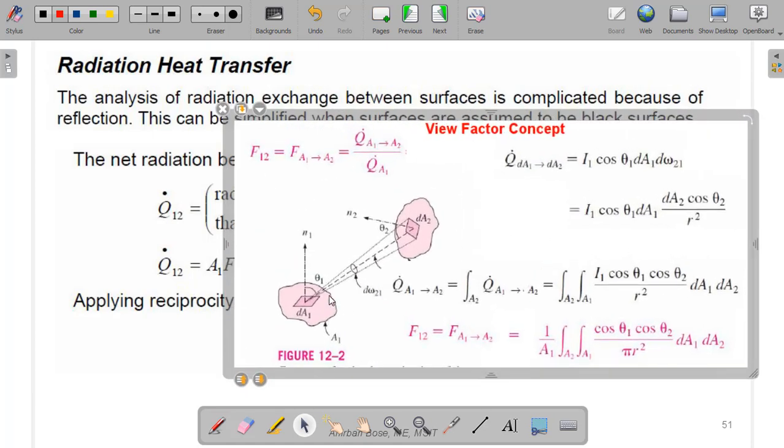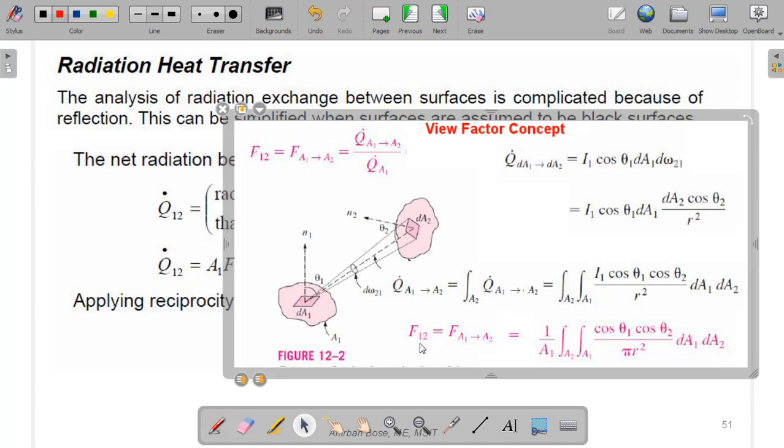Here you can see there are two surfaces, A1 and A2, and their orientations are different. For that we have seen the rate of heat transfer from 1 that will strike 2, Q1 to 2, can be calculated by double integration over A1 and A2 of I1 cos theta 1 cos theta 2 by r square into dA1 dA2.